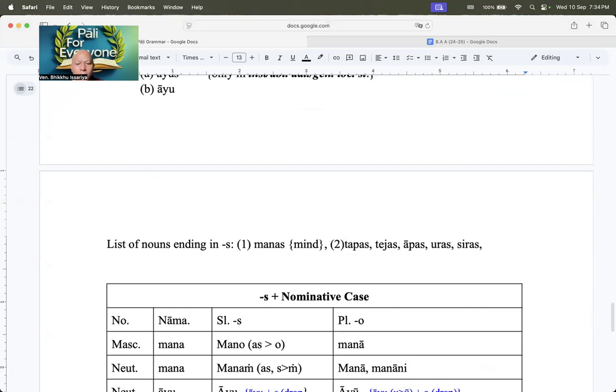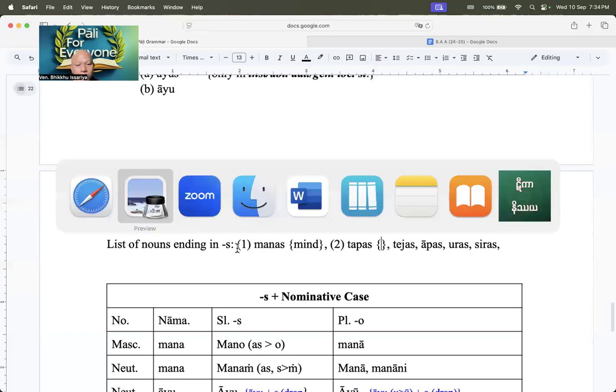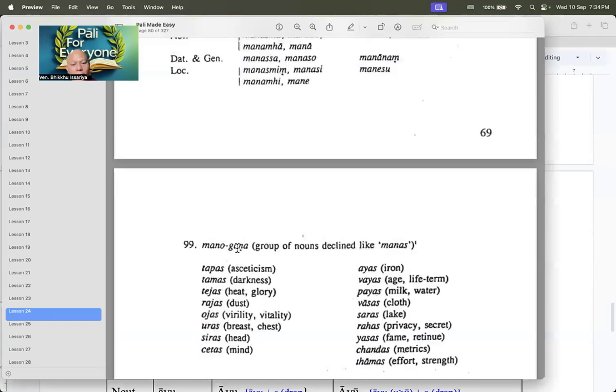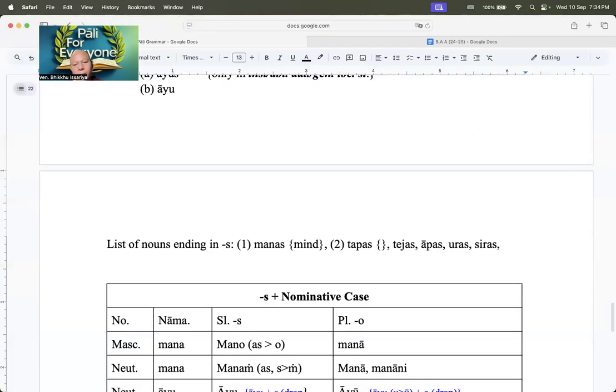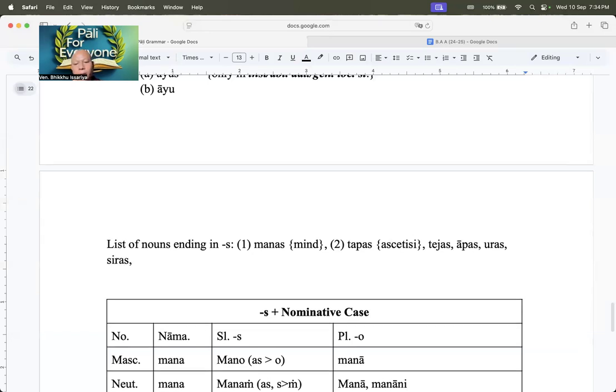And number 2, tapas, acceptance. Maybe Pāli easy order is better. And tejas means heat, the fire element. And apas also, the water element, maybe water.